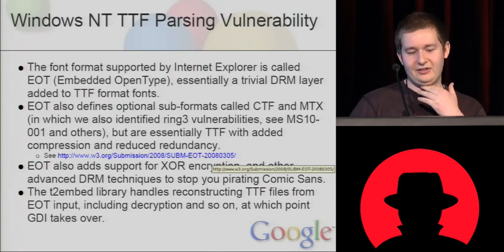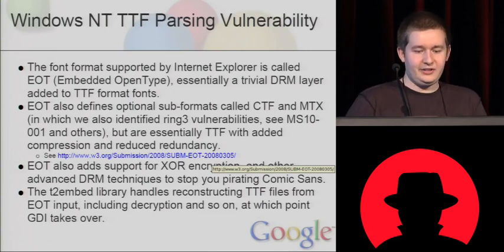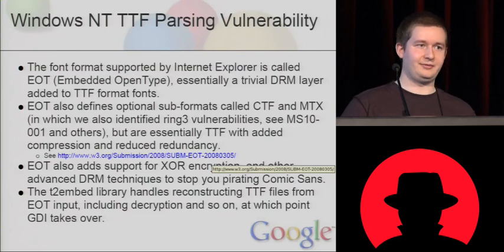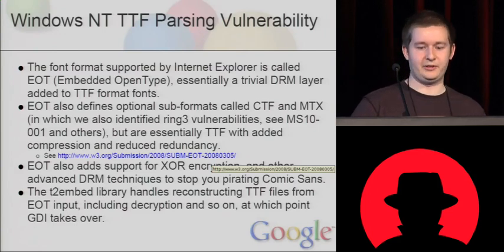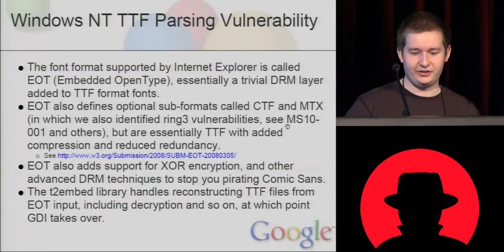You can see MS10-001, but there's a couple of others that I don't remember the numbers for. EOT is basically just added compression and reduced redundancy. CTF and MTX are actually quite clever data compression formats, and they're quite interesting to read. They do some cool tricks to make fonts as small as possible. I believe Microsoft licensed this technology from AGFA, and they published some documents on it. They're pretty cool if you're interested in data compression.